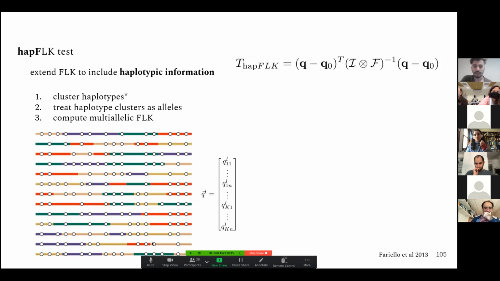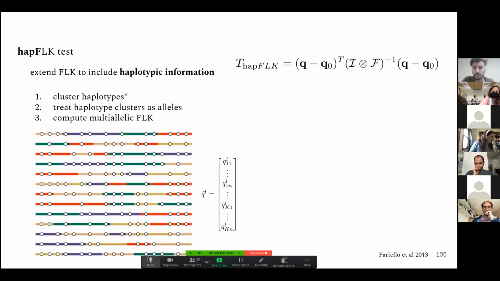No, I did not. That's a good question. I don't think it would change much with respect to the chi-square distribution fit that you did. Okay.